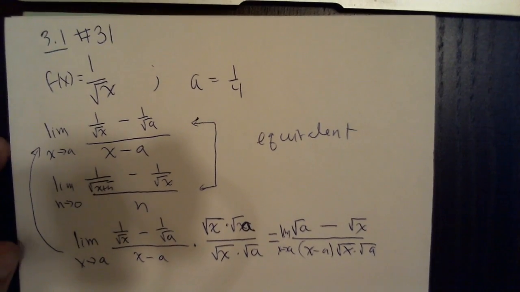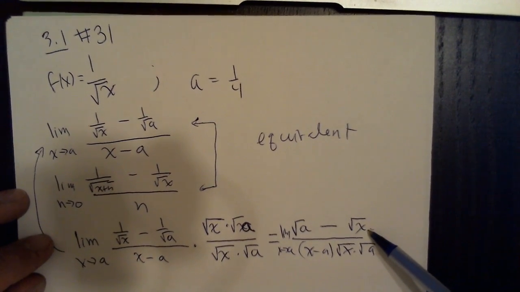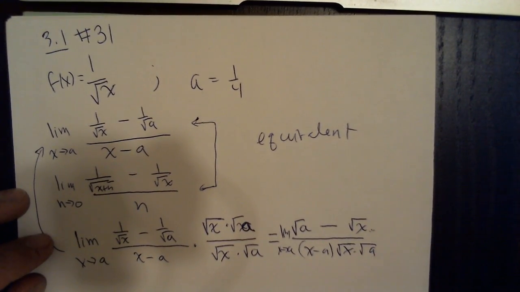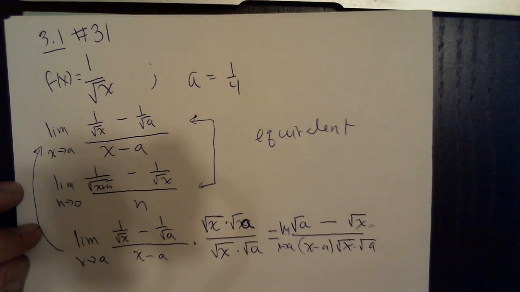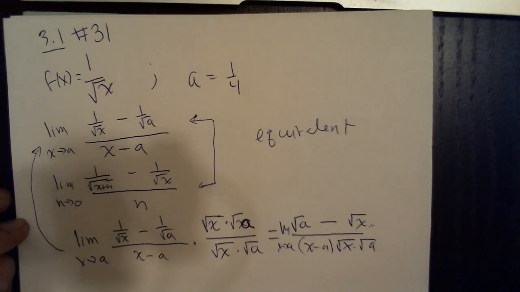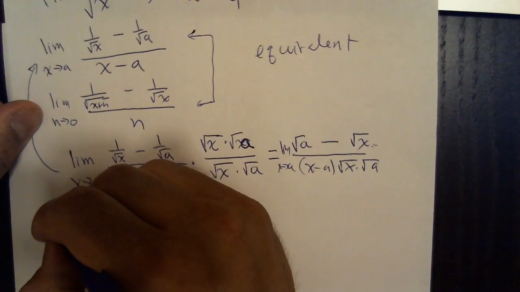Now we can multiply by the conjugate at this point, but what I actually like doing here is this: I still have a problem letting x equal a down here, so I'm going to see if I can eliminate that problem. I'm going to rewrite this.